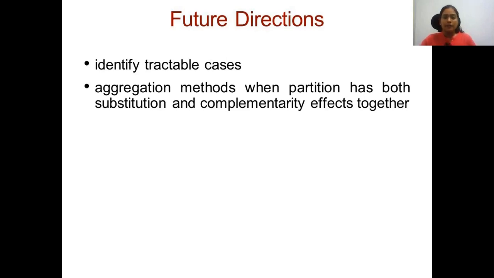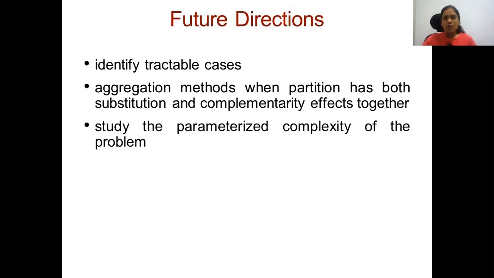Currently we defined aggregation methods when the partition has either the substitution effect or the complementarity effect. But things do change when we have both effects together. Another direction is to study the parameterized complexity of the problem and design approximation algorithms for the problem.